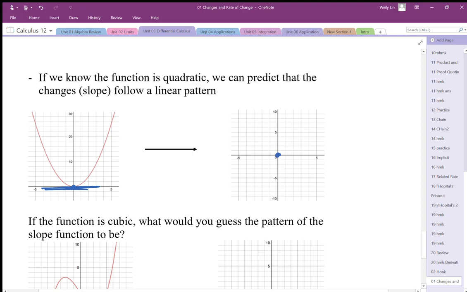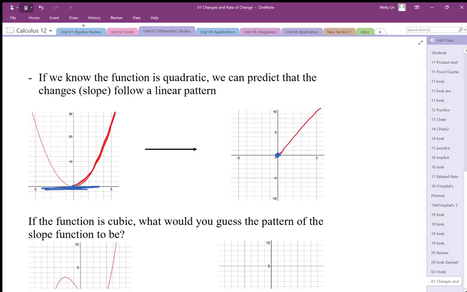On this section, it's smooth and continuous, so the slope is gradually changing, from 0, gradually getting more and more. I don't know how steep that's going, but I'm going to say that graph is going to go in that direction.